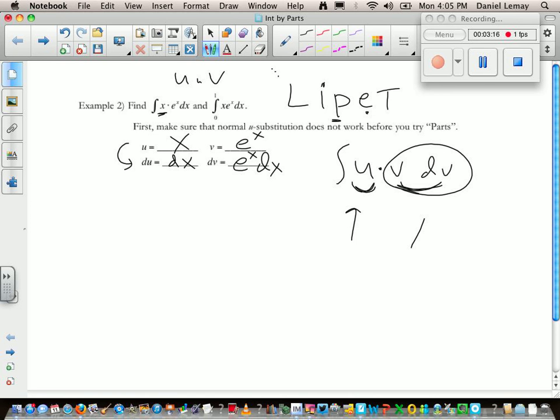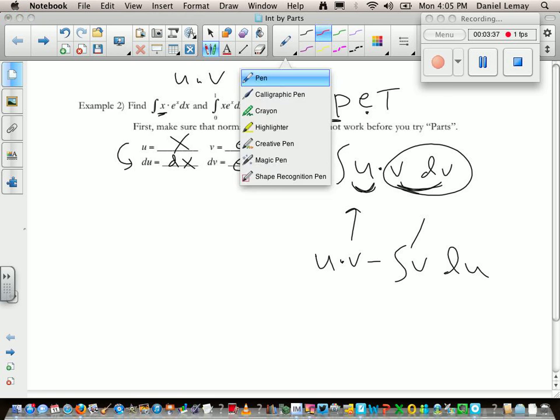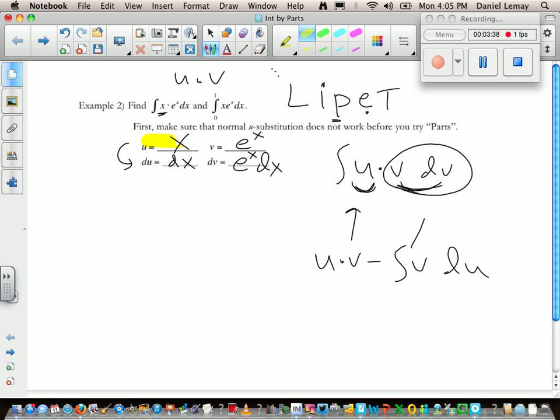Okay, now to get the integral, the rule for integration by parts is you do u times v minus the integral of v du. So what that means is I'm going to multiply across for the u times the v.